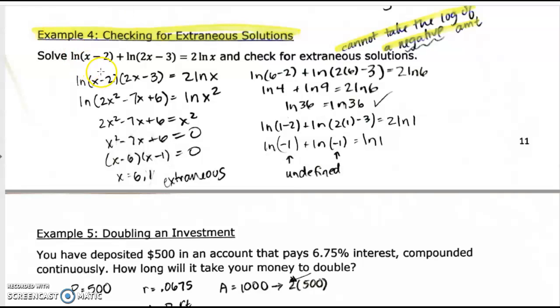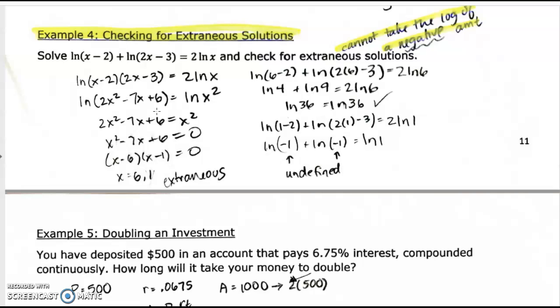So if we take a look here, the first thing I'm doing is applying the product rule to condense my log on the left side into a single expression. So I have x minus 2 times 2x minus 3, which when I multiply out becomes 2x squared minus 7x plus 6.